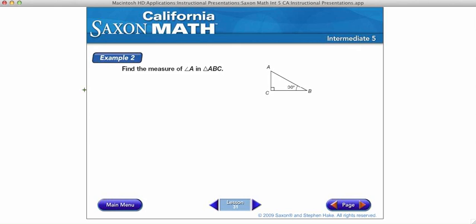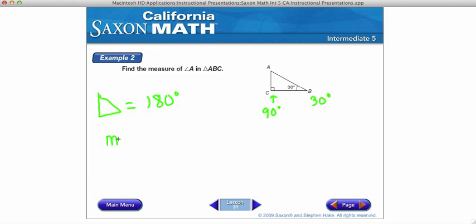Well, I know that a triangle equals a total of 180 degrees. I know from this symbol right here that C is 90 degrees because it is a right angle. B is 30 degrees. So we write the math problem like this.